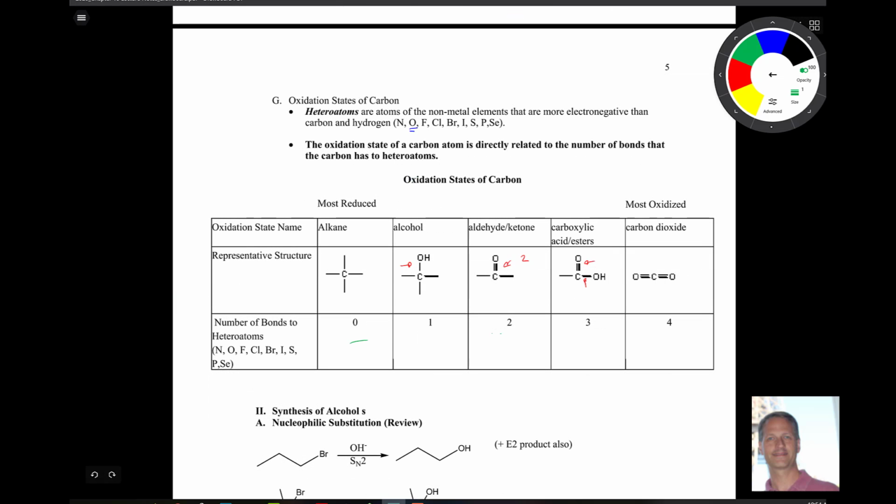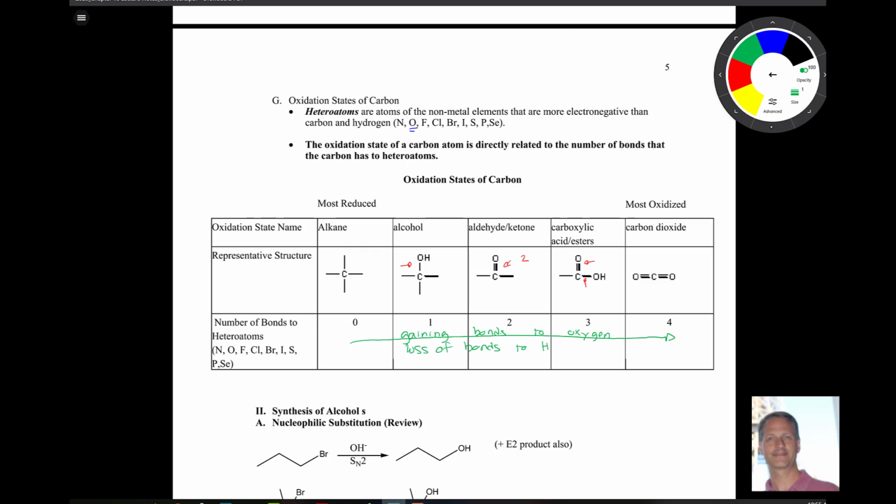So as we go from our left to the right here, you can see that we're gaining bonds to oxygen. We're also losing bonds to H. So it's the loss of bonds to hydrogen.